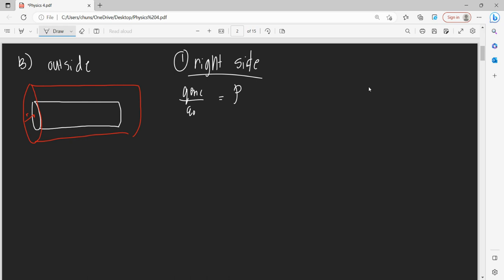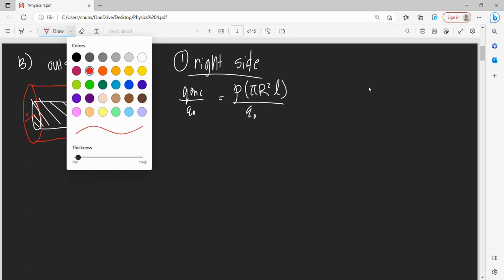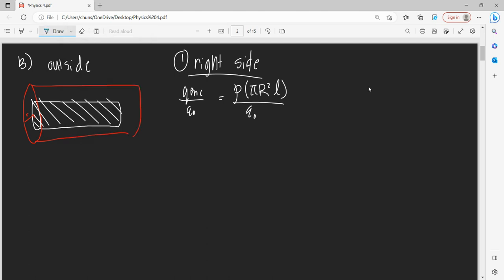So since our Gaussian surface carries no charge except whatever lies in our original cylinder, that means we are going to be using pi large R squared times length for our volume over epsilon naught. Because the R is for our smaller one, so the capital R. That's why we have capital R squared.